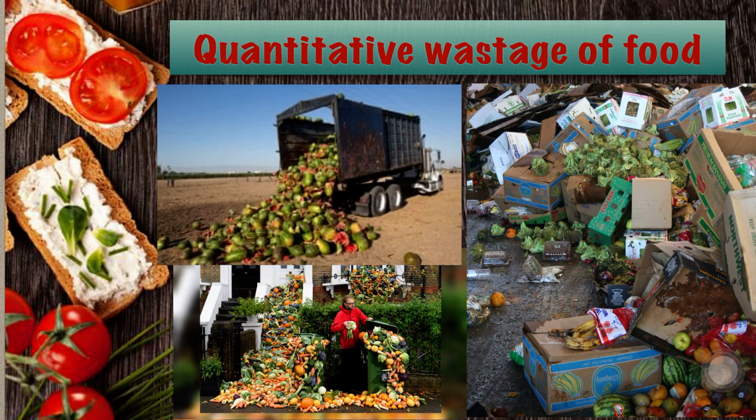So, next topic is quantitative wastage of food. Student, quantitative food loss is a type of loss in which the food is spoiled before reaching the consumers. The quantitative food loss is a type of food wastage that occurs in the supply chain.